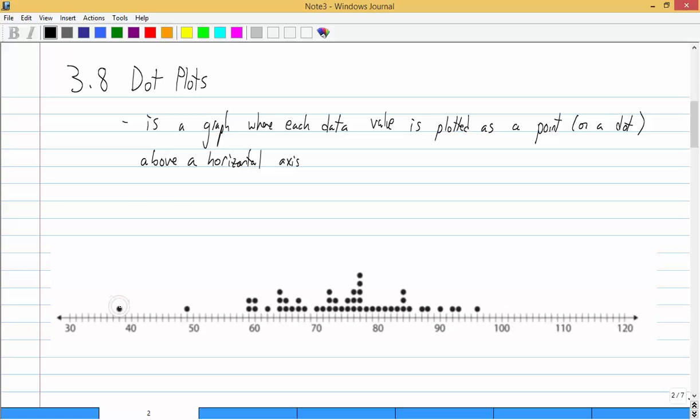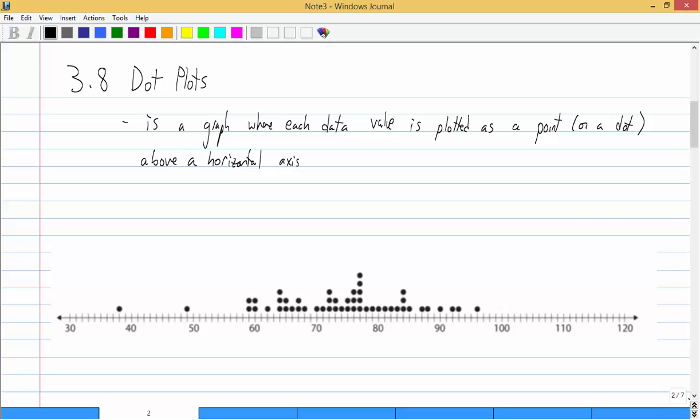So if I put a dot above each heart rate, this would be a dot plot. So maybe you've seen something like this. Maybe you haven't. If something is sorted by years or months, maybe I wanted a dot plot for the month everybody was born in here. It'd be real easy to make.